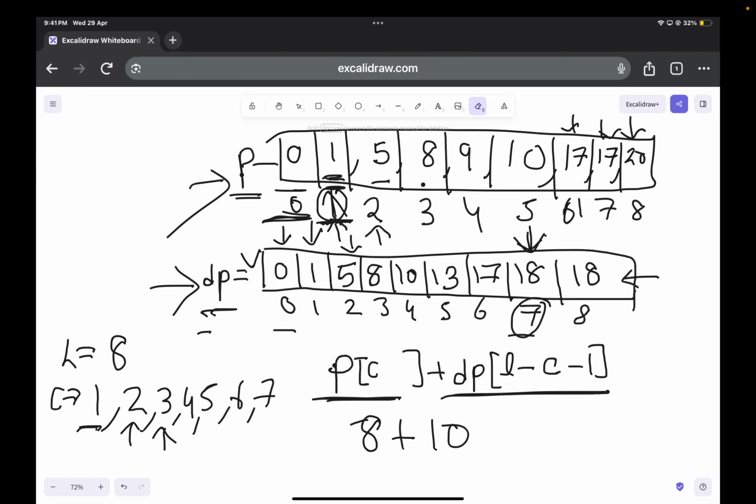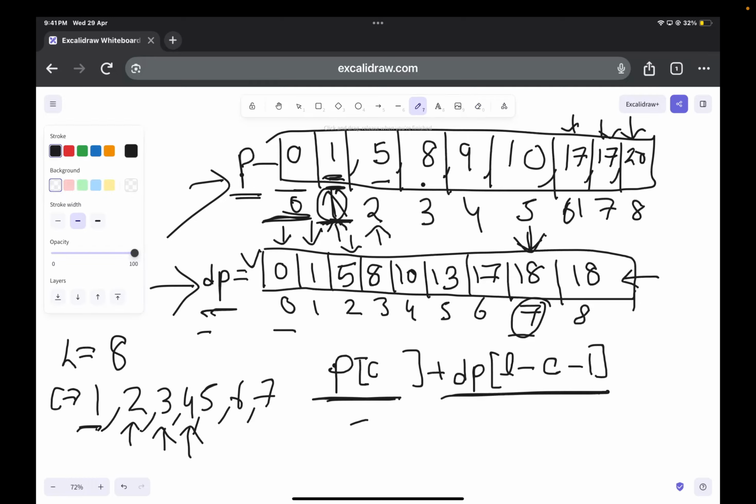It is still 18, right? Next we'll move to 4. 4 is 9. 9 plus dp of 3. dp of 3 is 8. So 9 plus 8 is 17. It is still less, so it is fine.